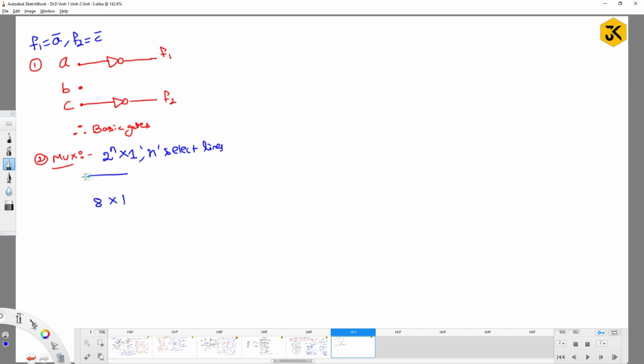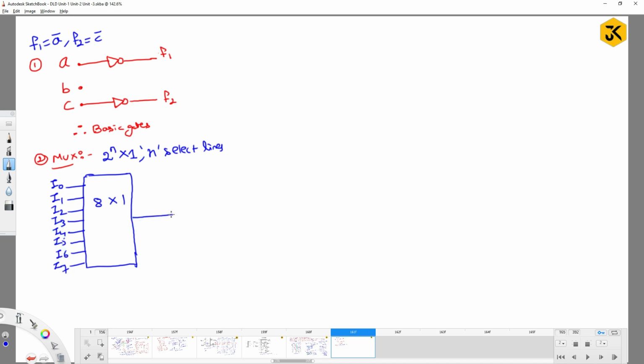So for easy construction, I have constructed an 8 by 1 MUX, right? In an 8 by 1 MUX we are going to have pins ranging from 0 to 7: 0, 1, 2, 3, 4, 5, 6 and 7. Technically I can call them I0, I1, I2, I3, I4, I5, I6 and I7.